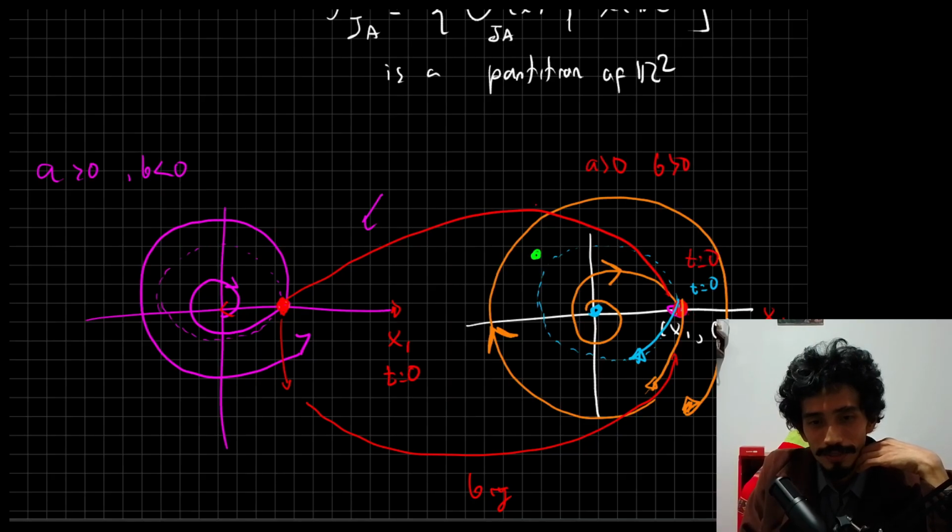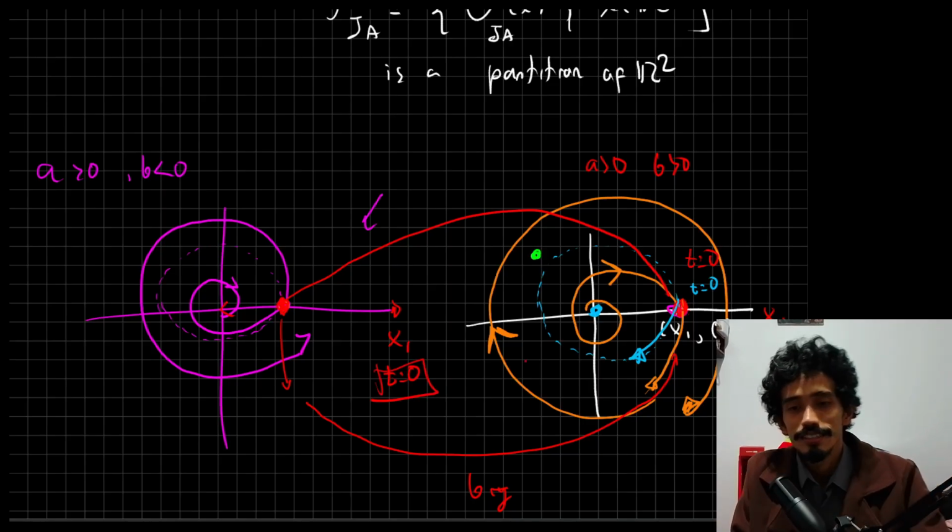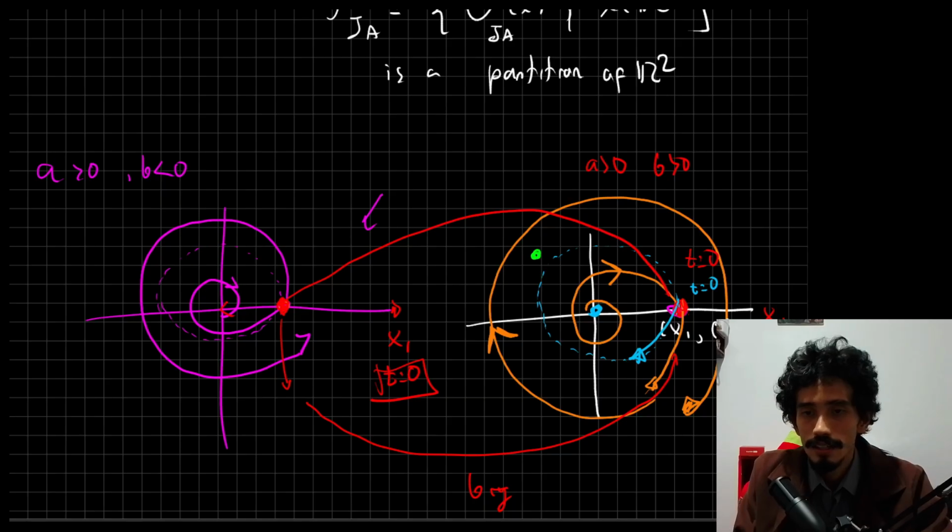So this is a bijection because it only crosses that point at time 0 one time, and also in the other case. So you could define that bijection.